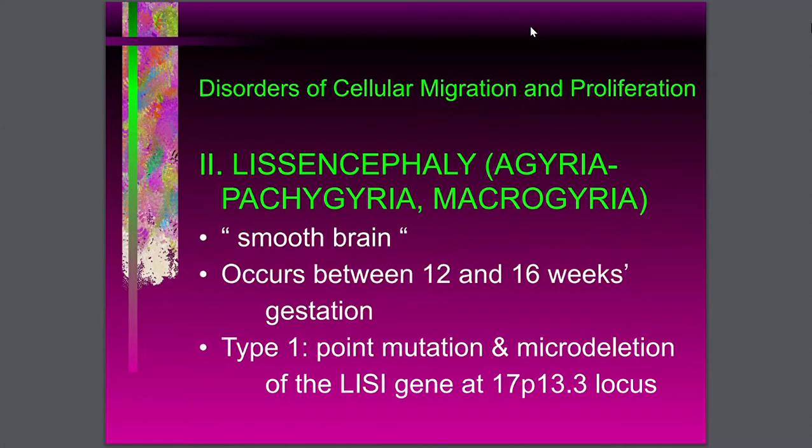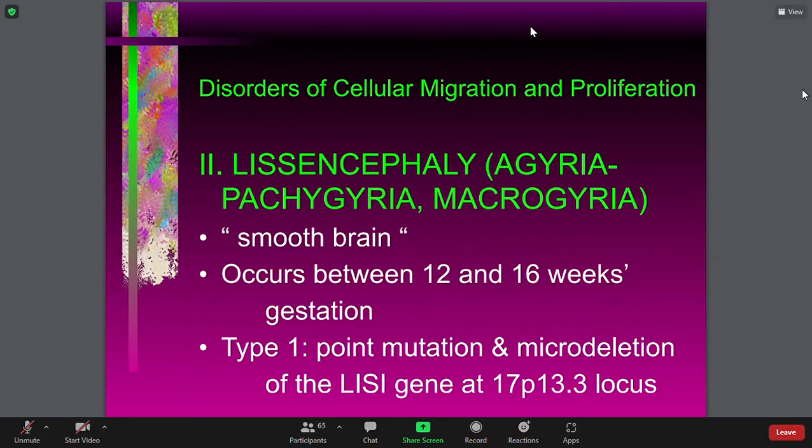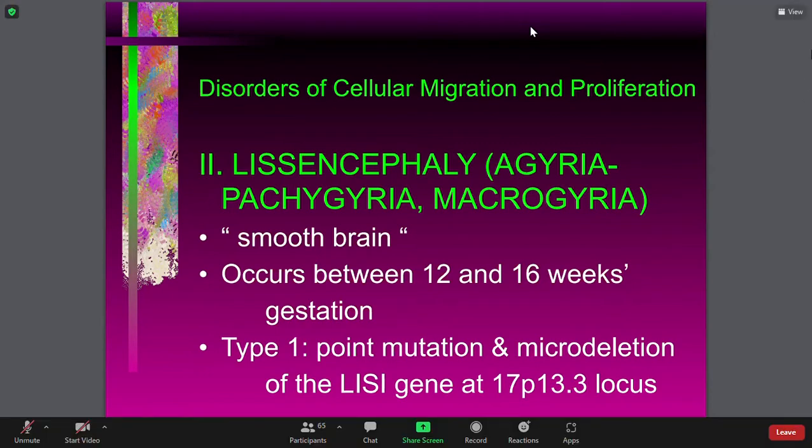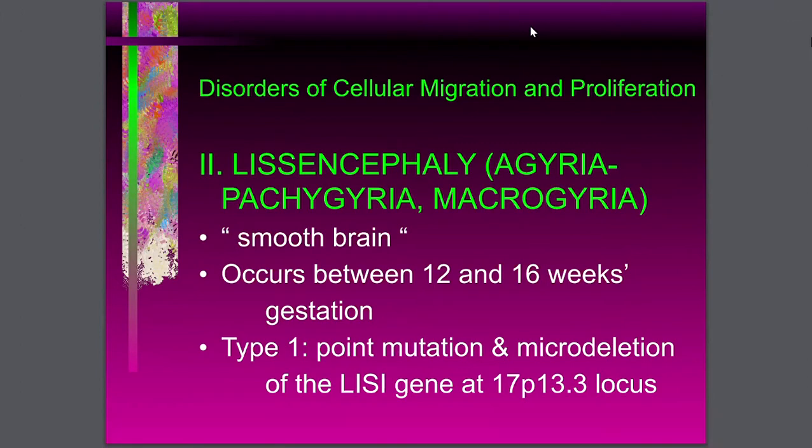So, another disorder of cellular migration and proliferation is your lissencephaly. When you say lissencephaly, there is agyria, meaning there are very few gyri or gyrus, and then pachygyria or macrogyria, dalagpo nga gyri, no?